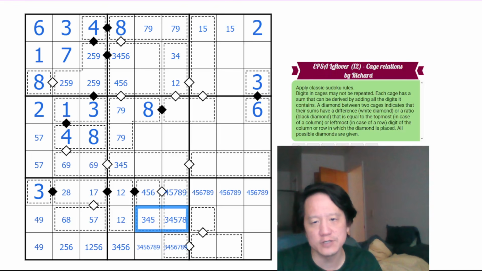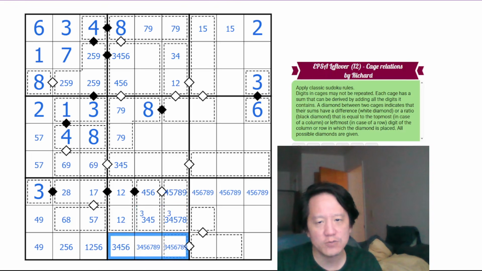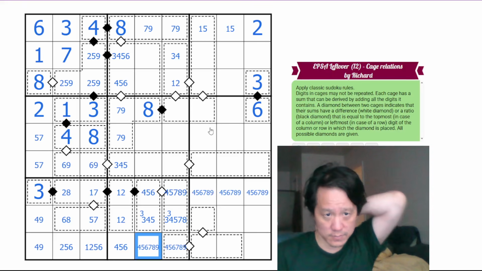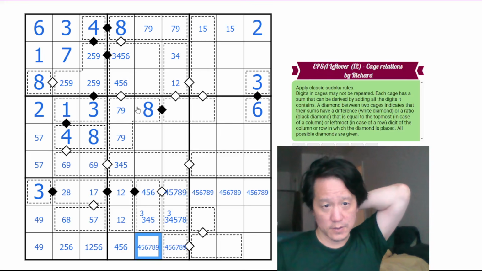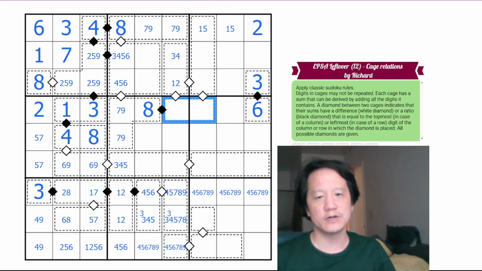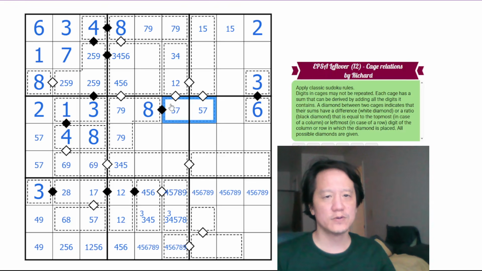So we're still guaranteed 3 has to be one of these two, which eliminates 3 in the rest of the box. This has to be 12, so it's 5, 7 as a pair. So this is all still the same. That means this can't be a 5, 7 pair. So we do have 3 and 4 here.